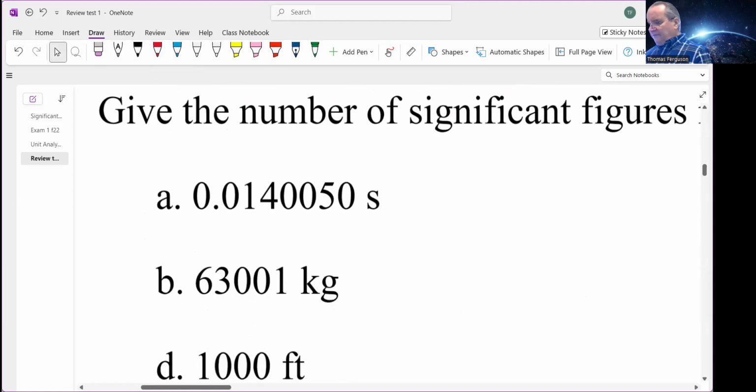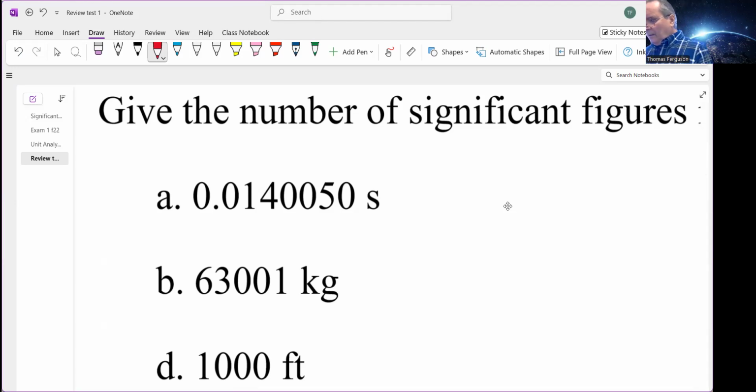Okay. Give the number of sig figs. Okay, we've got a trailing zero, and that means if there's a decimal present, that trailing zero counts. There are middle zeros, and those always count, and there are beginning zeros that never count.